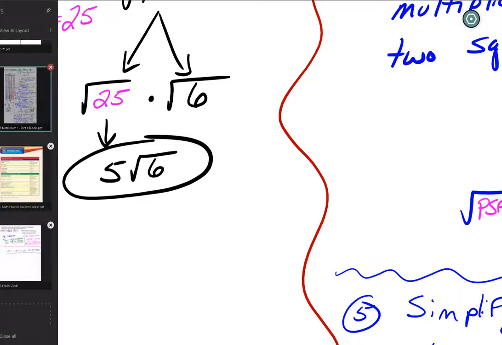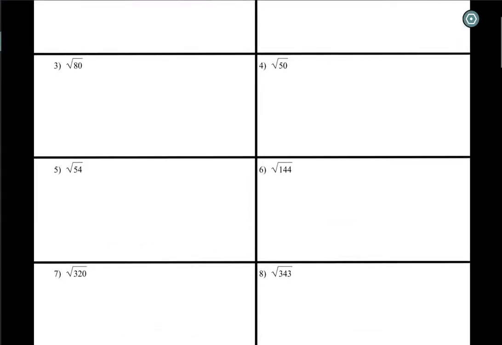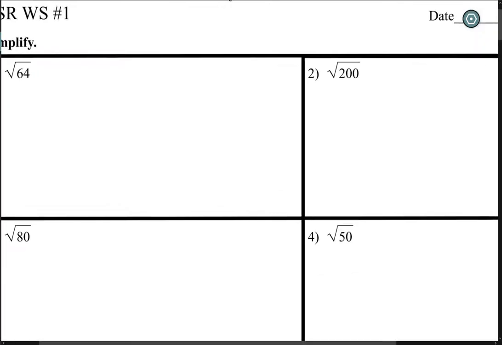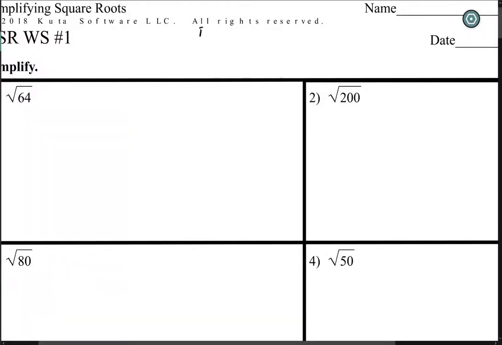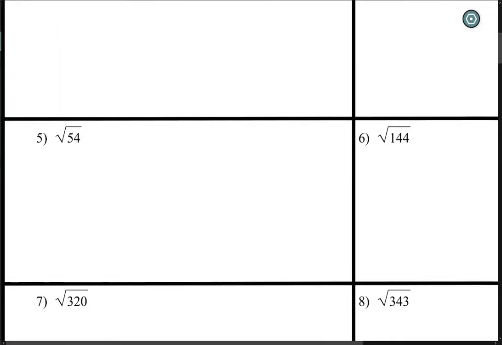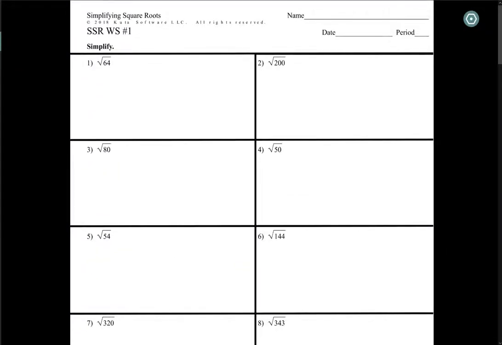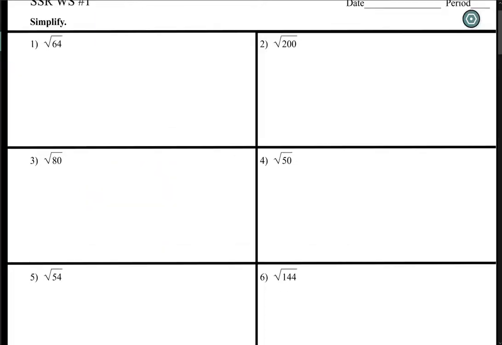Now, here's what I want you to do. Up at the top or somewhere, I want you to write your perfect squares. You can do them off to the left if you want, or write them on a sheet of paper and have them off to the side where you can check them every time.